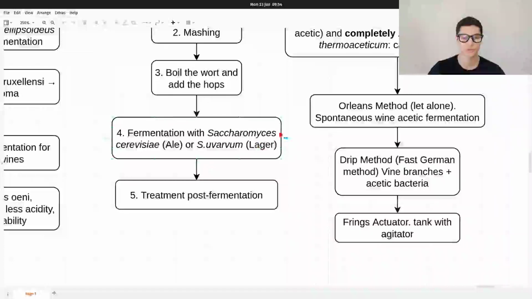So remember, those two types of yeast are very important for the alcoholic fermentation of the beer. And then we have the post-fermentation treatment, which can be adding more CO2, removing some alcohol, and creating new products from that.